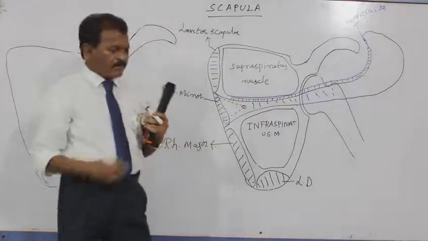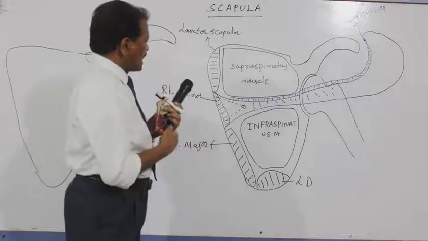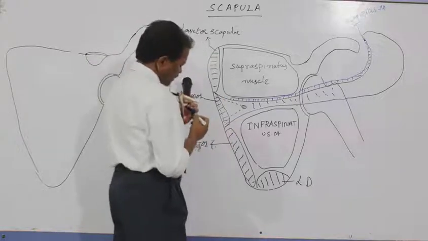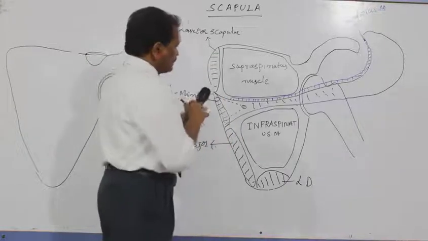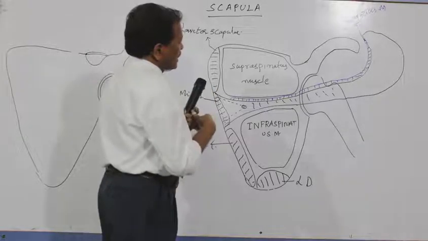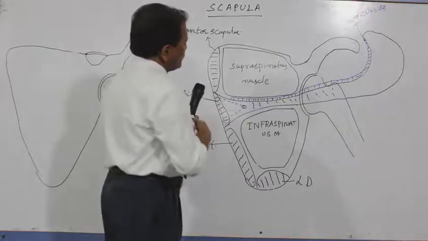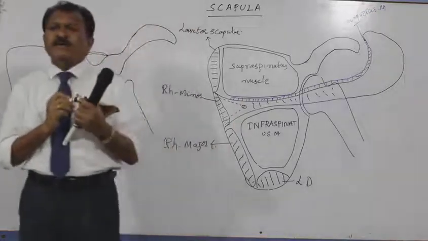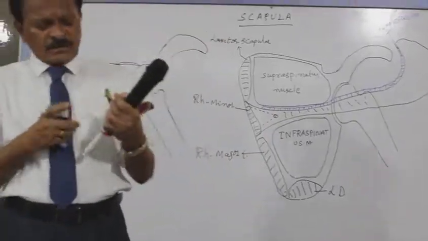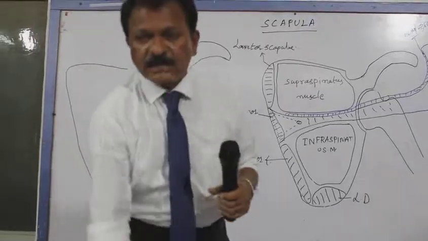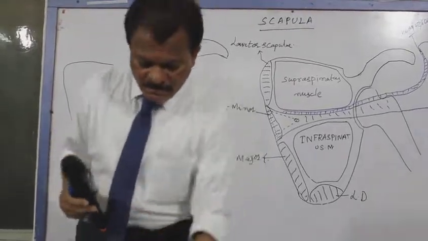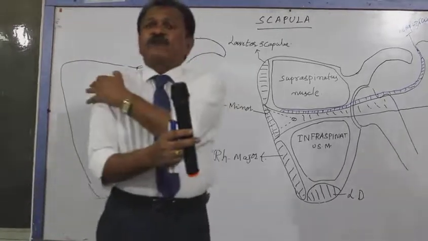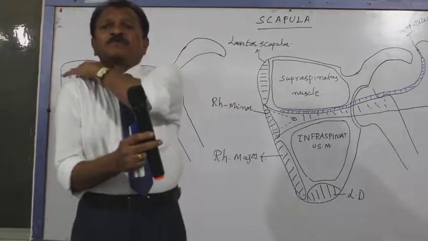Next, the attachment on the inferior border. This inferior border of the spine of the scapula gives origin to the deltoid muscle. The deltoid muscle has three types of muscle fibers: clavicular muscle fibers, acromial muscle fibers, and spinous muscle fibers.